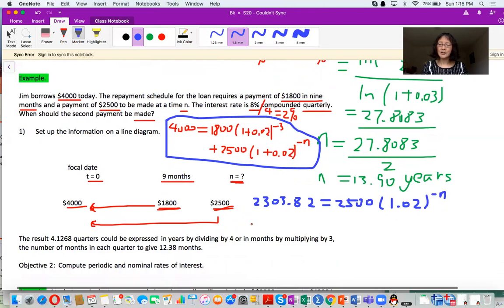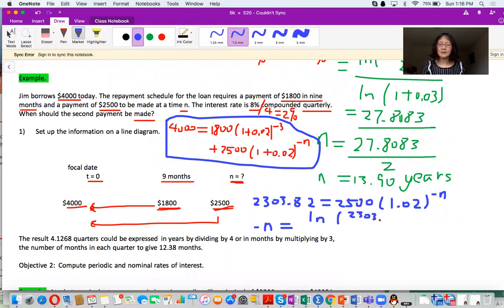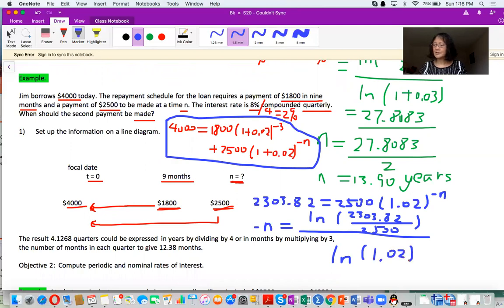Again, use the logarithm function. -n equal to ln of 2303.82 divided by 2,500, divided by ln 1.02. And you get n equal to 4.1268.